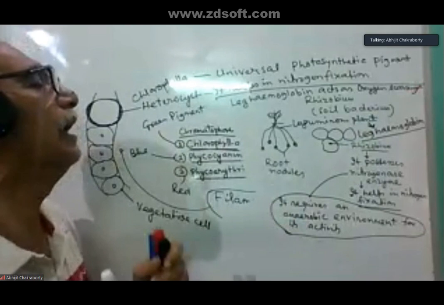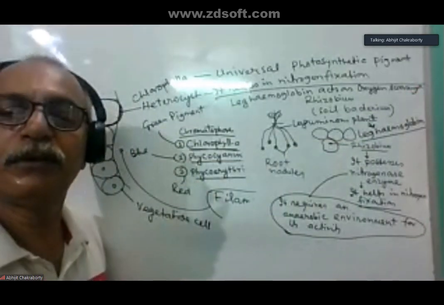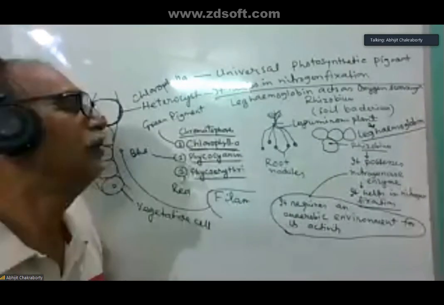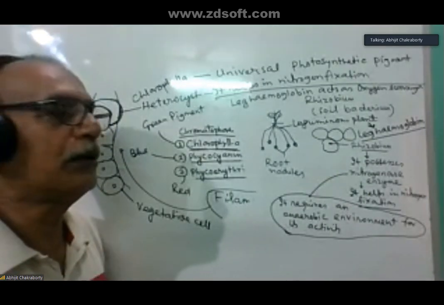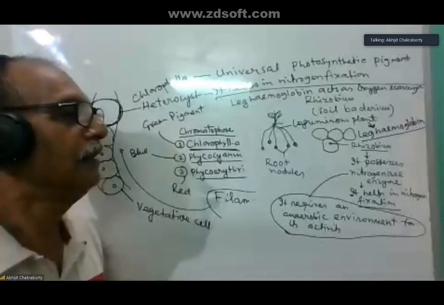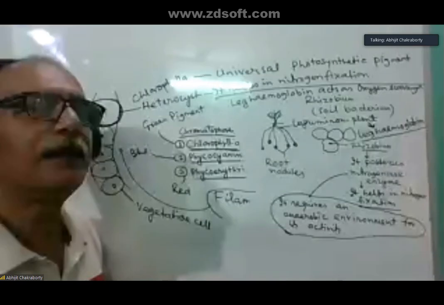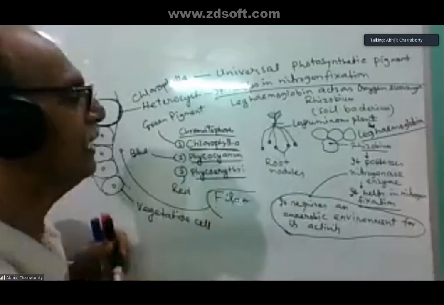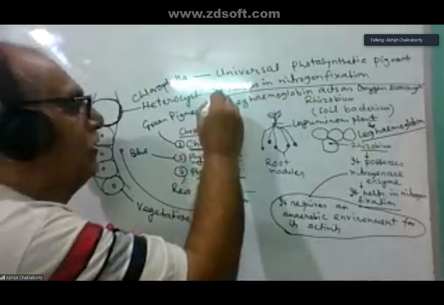That is, it removes oxygen from the nodule. As oxygen is removed from the nodule, an anaerobic condition is developed there, so that nitrogenase can help in nitrogen fixation. This is what happens in Rhizobium, which is a bacterium.